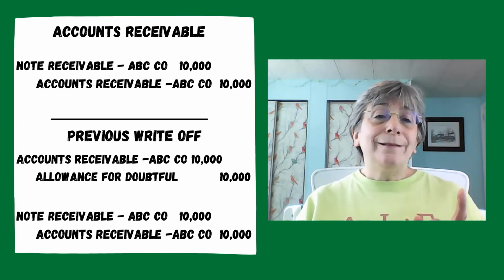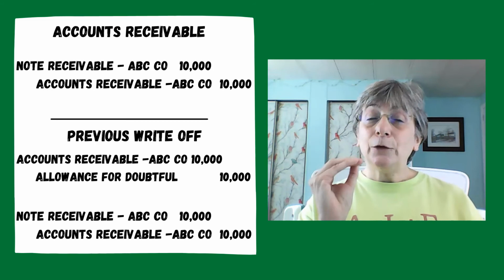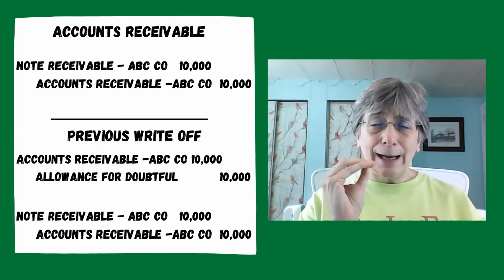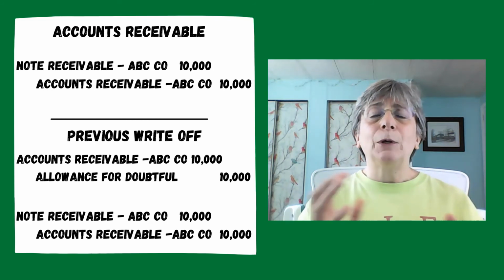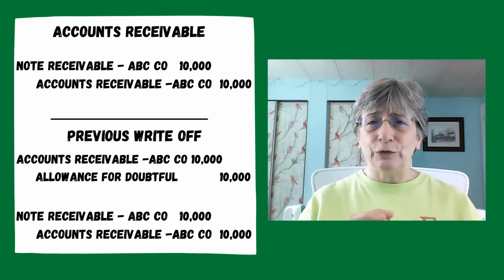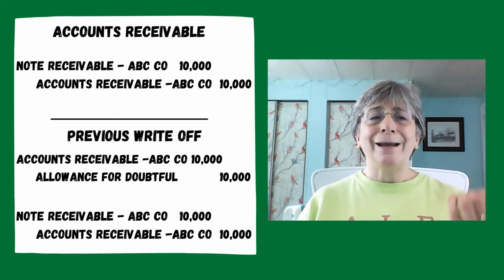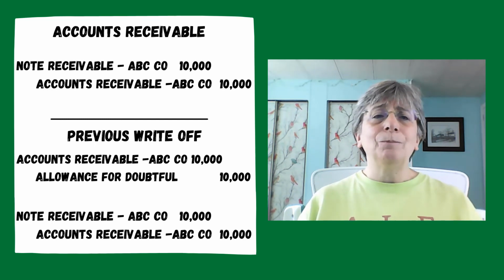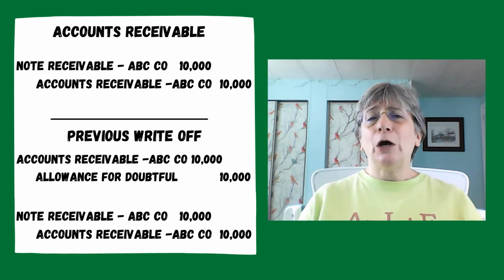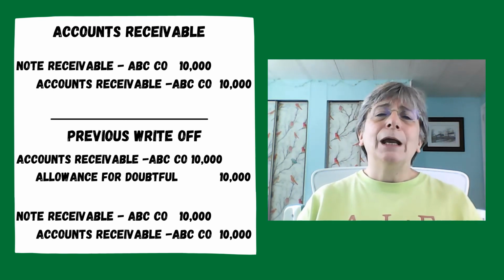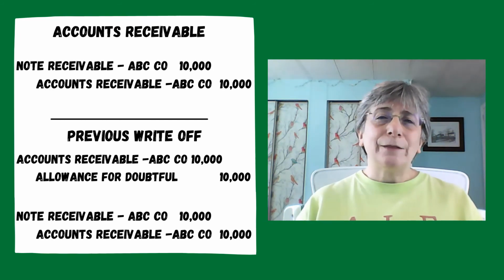So what we do in that case is if that accounts receivable account is still active, you haven't written it off, then all we're going to do is swap an accounts receivable for a note receivable. And we're going to do that by debiting note receivable, and let's say the company is ABC Co. for $10,000, whatever the amount is. And then we're going to credit their accounts receivable account for $10,000.